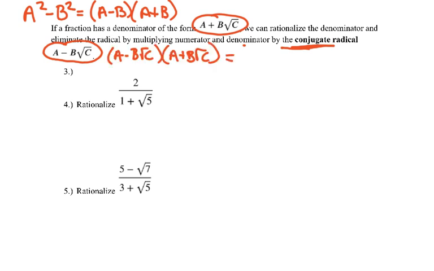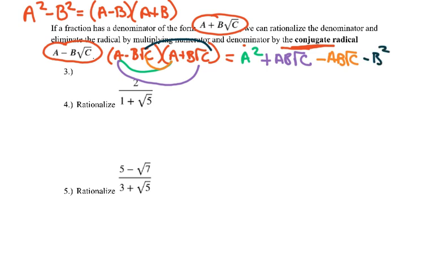Let's go ahead and try it. If we FOIL it, firsts will give us a squared. Outers will give us plus a b radical c. Inners will give us minus a b radical c. And then finally our last will give us minus b squared radical c. And if we simplify this, again, those outers and inners cancel each other, and we're just left with a squared.